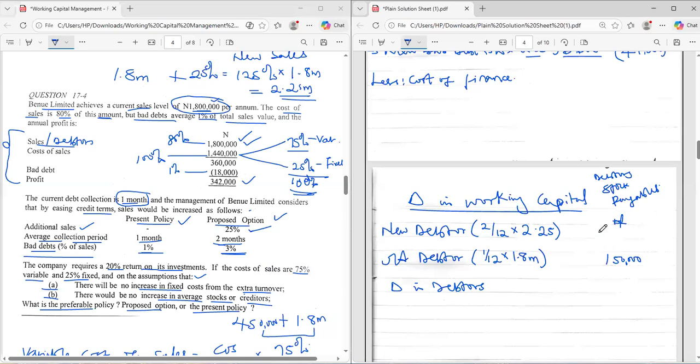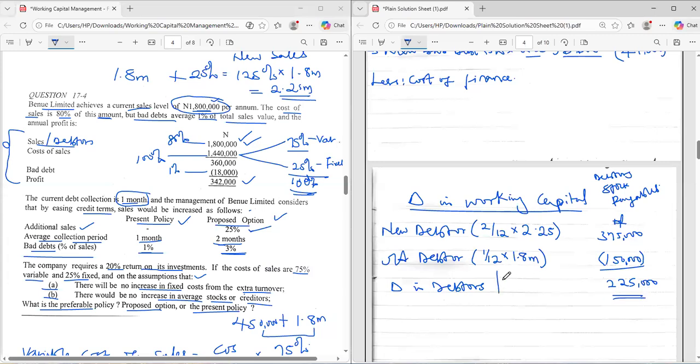So help me with the change. It's 225,000. That's the change, and that's the only thing.